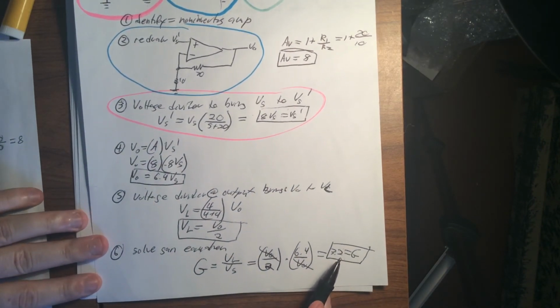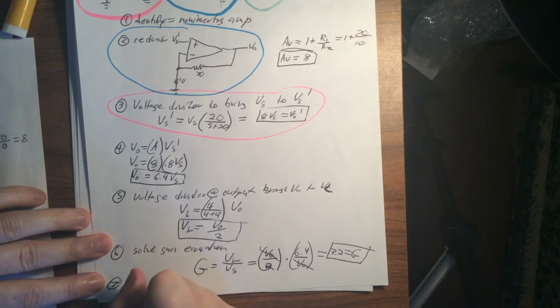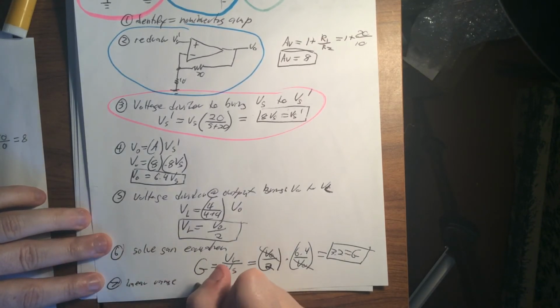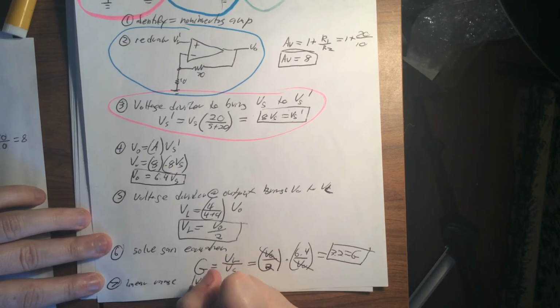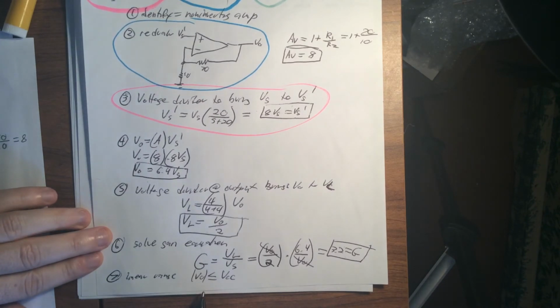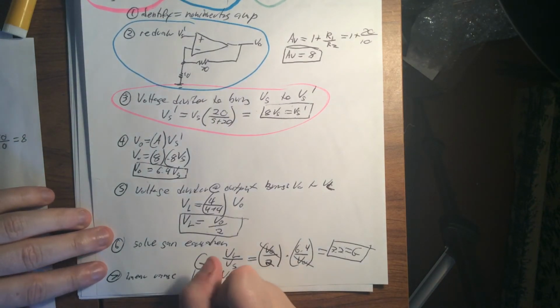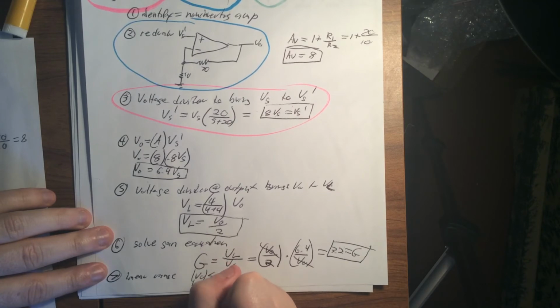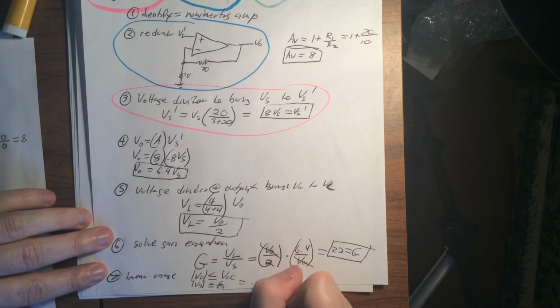The last bit of this says the linear range, so 7, linear range. And this is just a simple if-then. If the absolute value of V0 is greater than or equal to VCC, that means the absolute value of Vs is less than or equal to 6 over 6.4, which equals 0.94 volts.